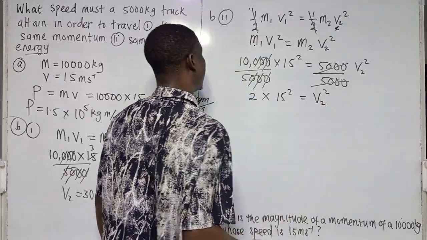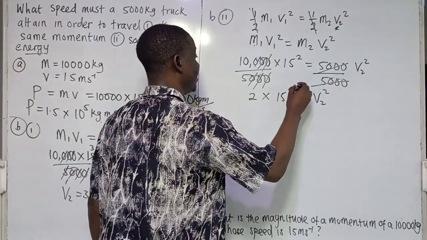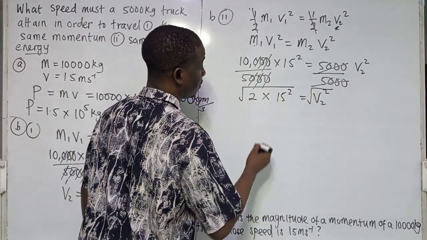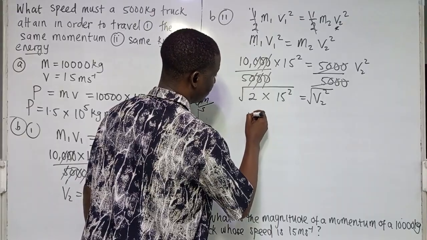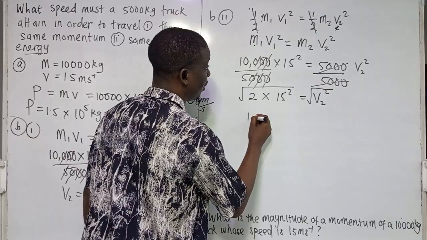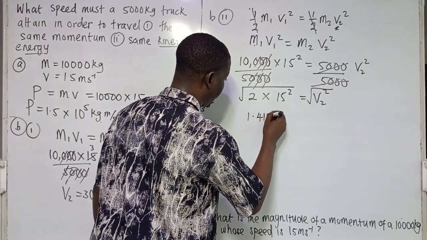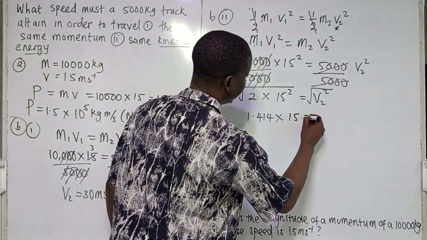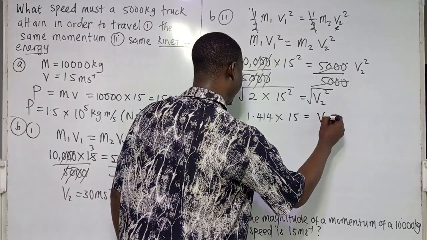Now I want to take the square root of both sides. The square root of 2 is 1.414, times the square root of 15 squared, which is 15, equals the square root of V2 squared, which is V2.